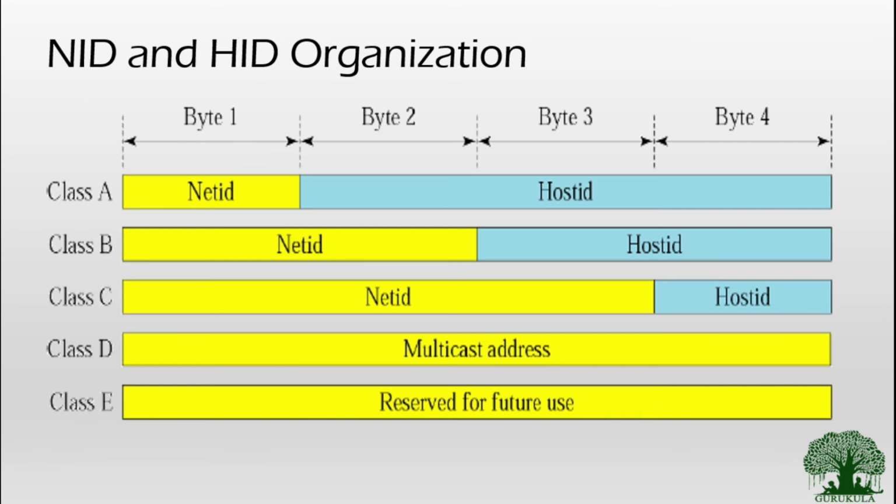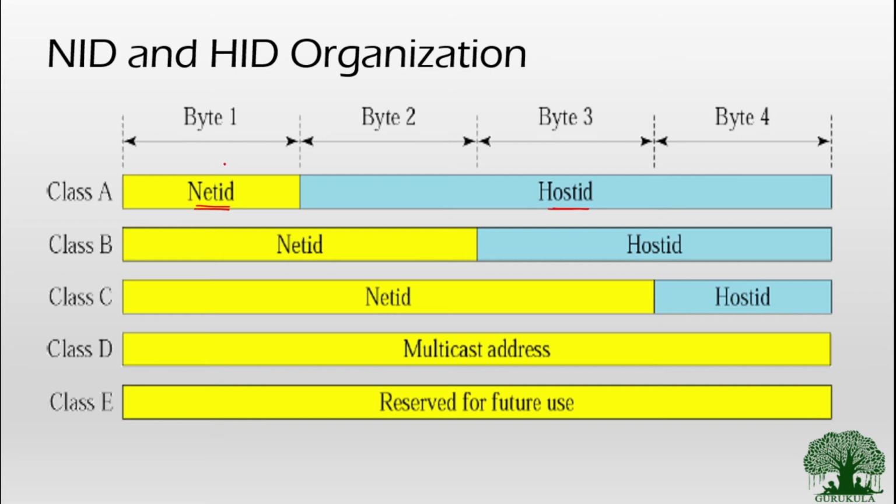So next we will try to identify what makes the difference. Fine, now we understood that the entire 32 bits of addresses is classified into 5 classes of IP address. Now what is the difference in these 5 classes? As far as class A is concerned, only the first byte is allocated for the network address and the remaining 3 bytes are allocated for the host ID.